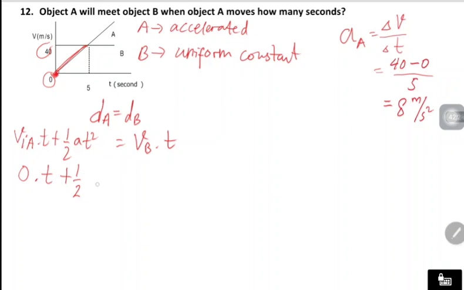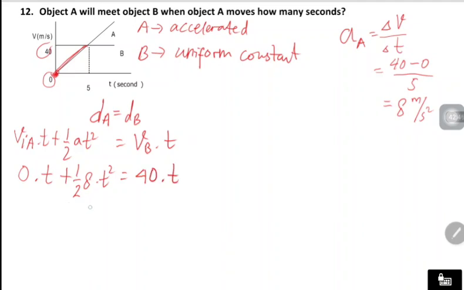So we input the value 8 in acceleration times t squared, equal to Vb, which is 40 because the motion of object B remains constant, times t.